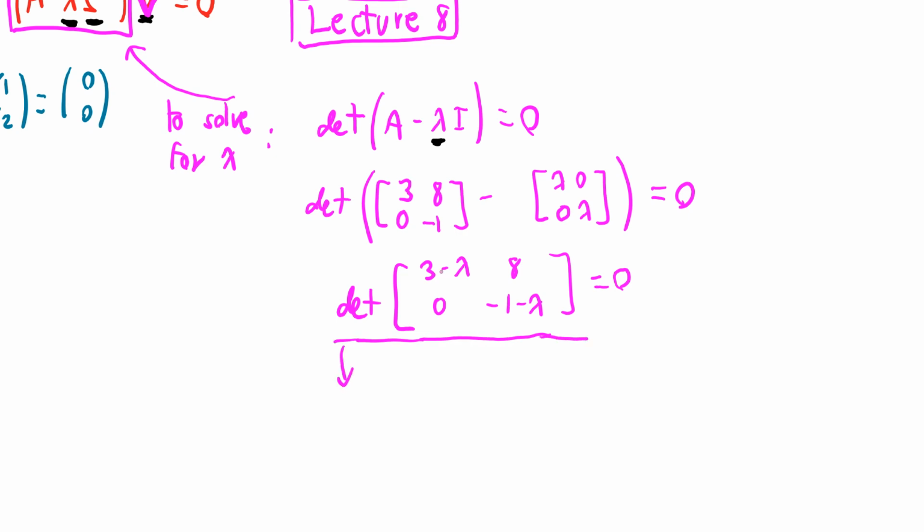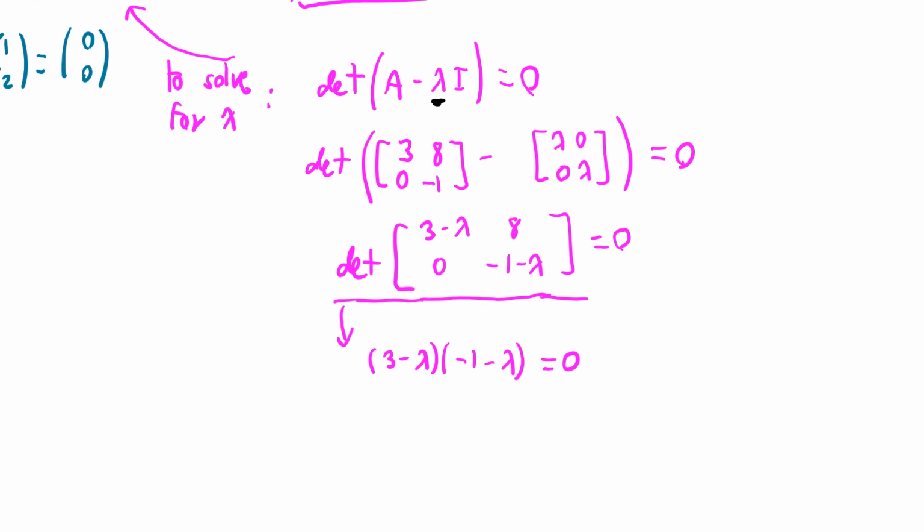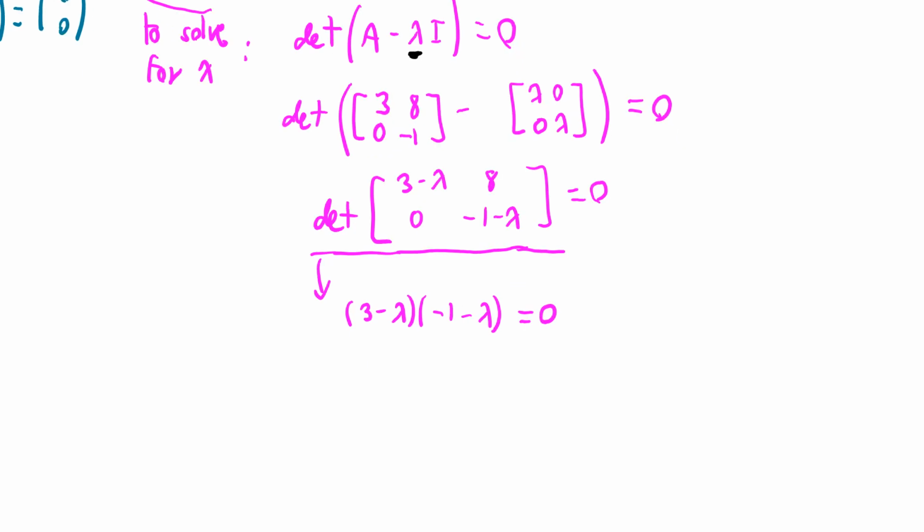That would be just, if I multiply 3 minus lambda times negative 1 minus lambda, minus 0 times 8, equal to 0. So I just want this whole thing to equal 0. So I want 3 minus lambda times negative 1 minus lambda to equal 0. And that can only mean that lambda can only take 2 values.